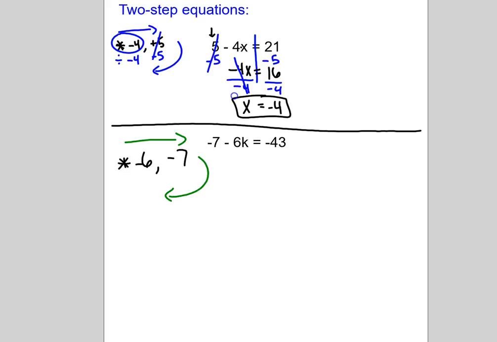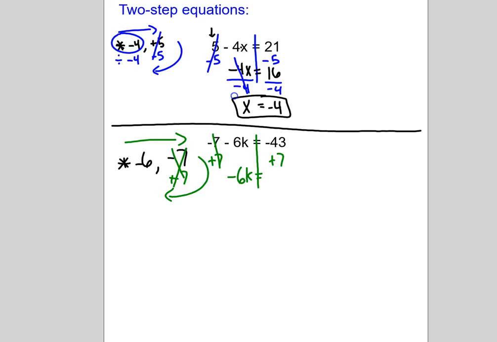So we're going to start with that -7. To get rid of a -7, we need to add 7 to both sides. That will get rid of that -7. Here's where your adding and subtracting integers comes in handy, making sure that you understand how to do that. -6k is going to be equal to -43 plus 7.